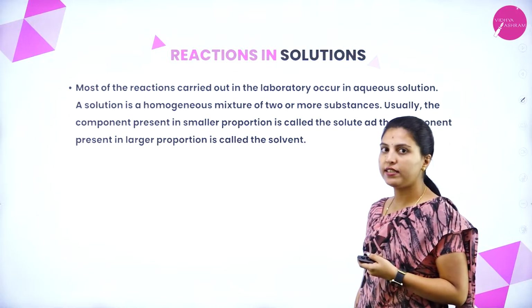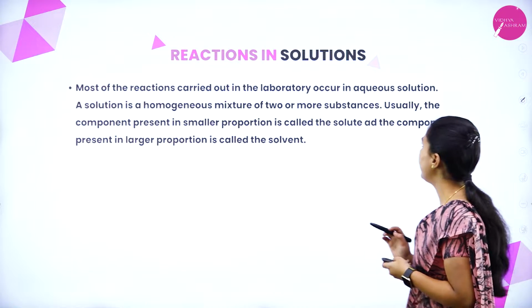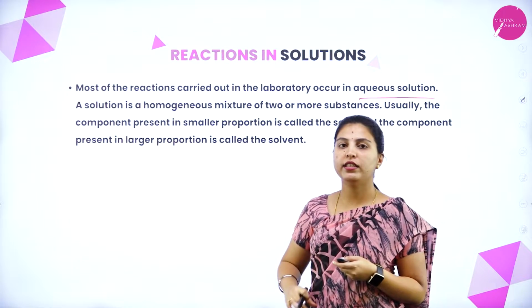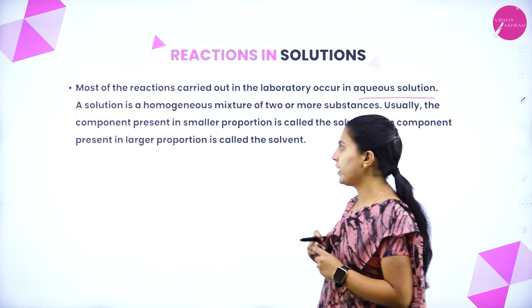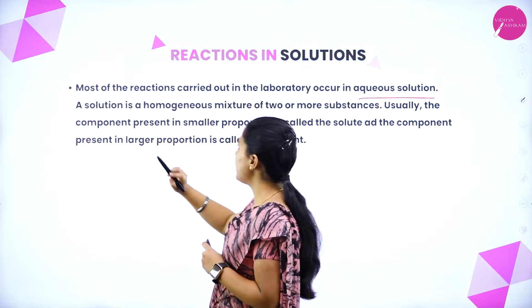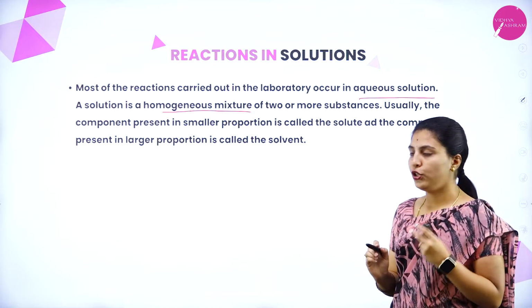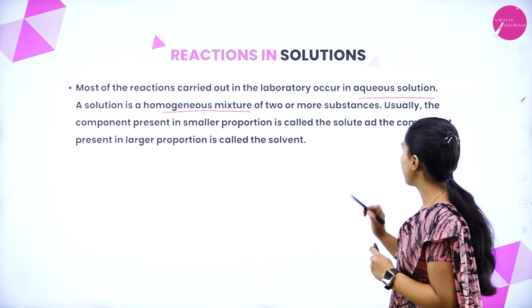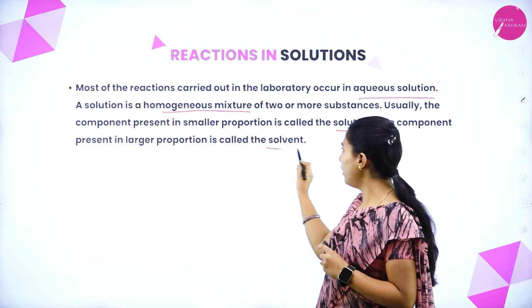Next, reactions in solutions. Most of the reactions carried out in the laboratory occur in aqueous solutions. Aqueous solutions means whatever reactions or solutions done by the water itself, we'll call it an aqueous solution. A solution is a homogeneous mixture of 2 or more substances. Usually, the component present in a smaller proportion is called the solute and the component present in the larger proportion is called solvent.